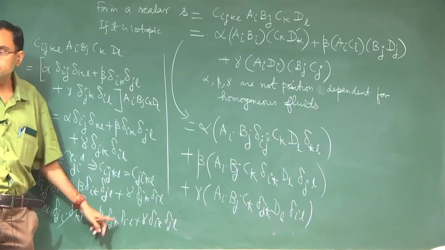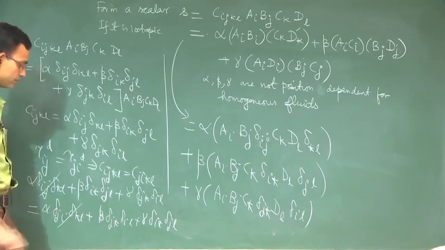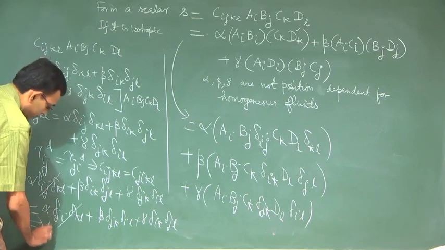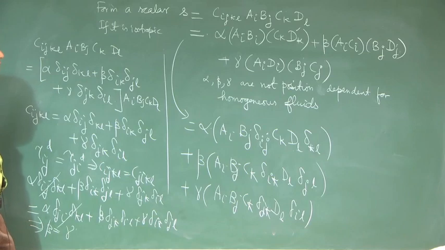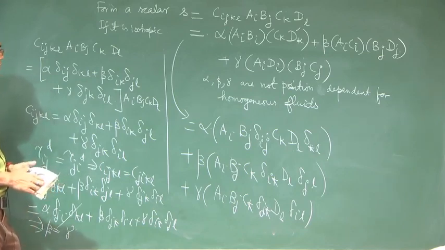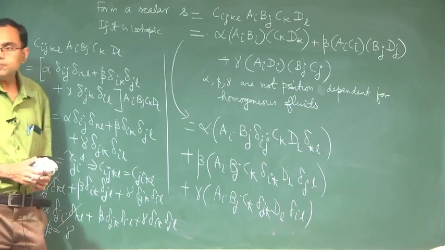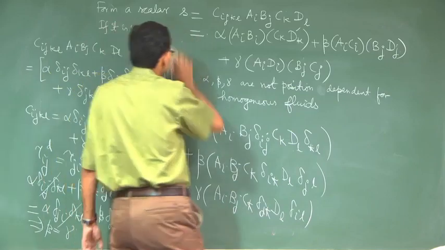So, from this equation you can clearly get that beta is equal to gamma. So, when you have beta equal to gamma, your number of unknowns comes down from 3 to 2.